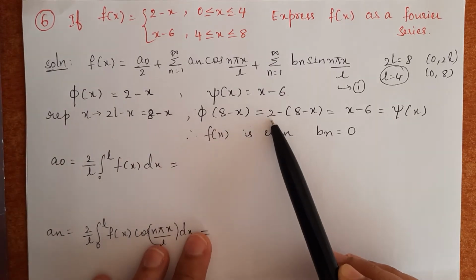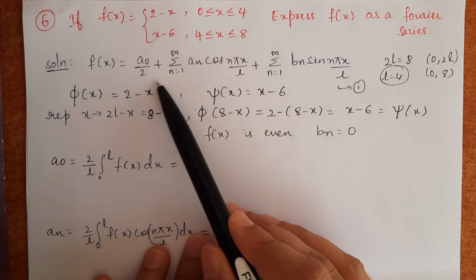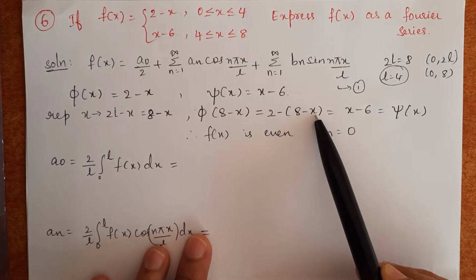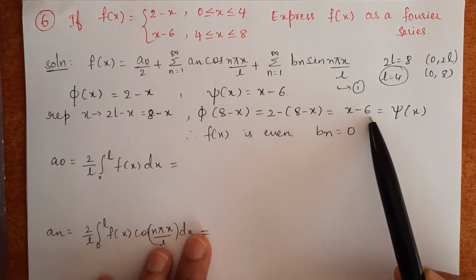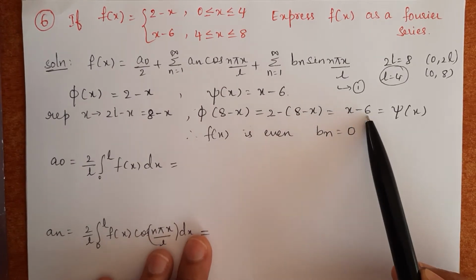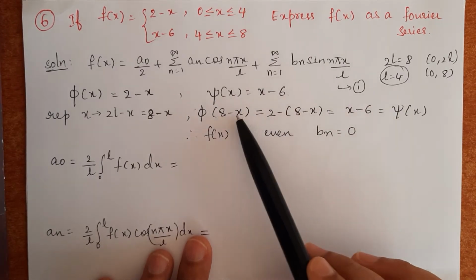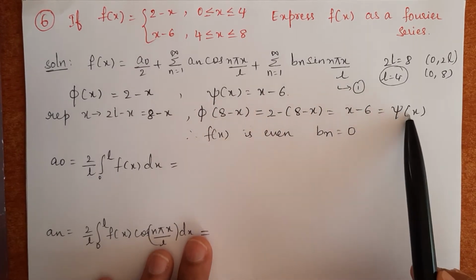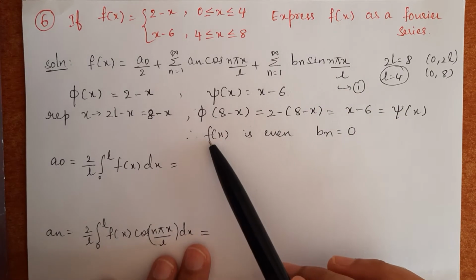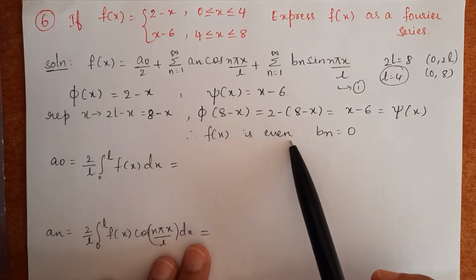I will get 2 minus, in place of x I am substituting 8 minus x, it is x minus 6. So, x minus 6 is nothing but my second function psi of x. So, phi of 2L minus x is equal to plus psi of x. We can conclude that the function is an even function.